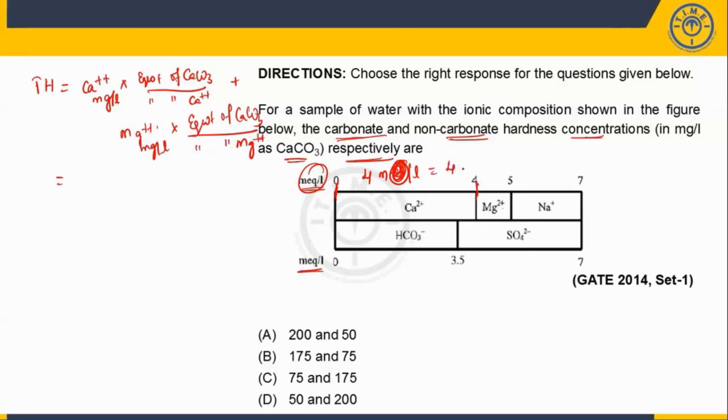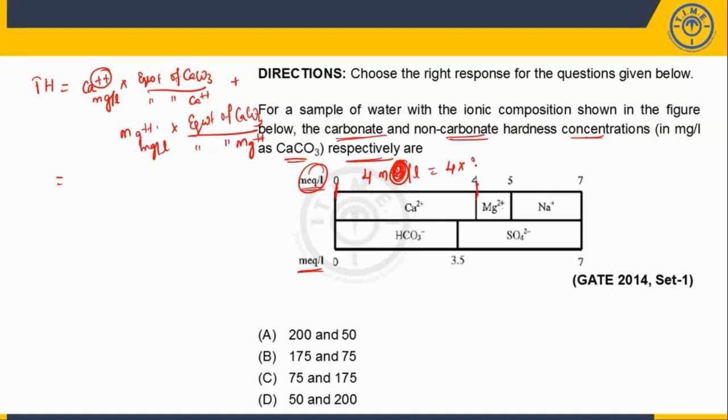So I can write 4 into what is the equivalent weight of calcium? Molecular weight of calcium is 40. Equivalent weight is 40 divided by the valency. What is valency? 2. 20.